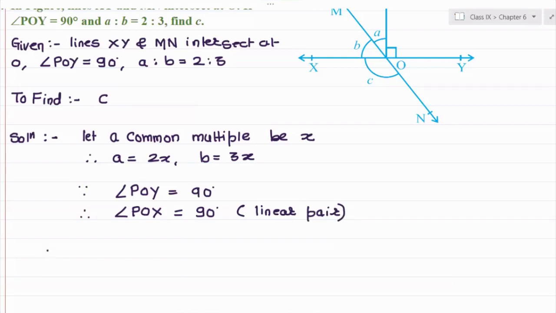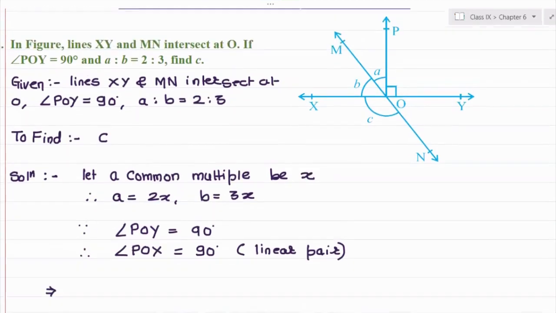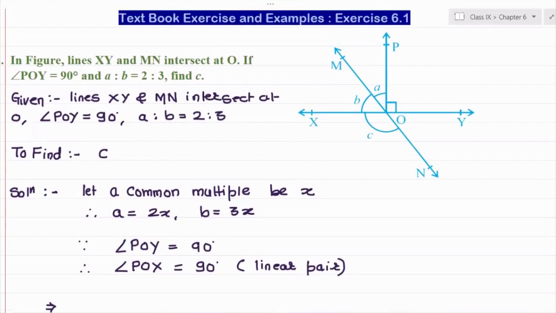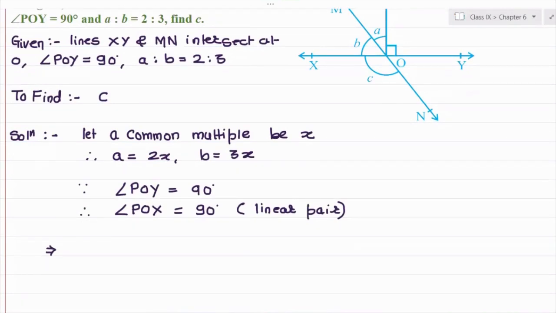Now, angle POX is made up of angles A and B. You observe, if I compile A and B, it will form angle POX. So here we shall write, in place of angle POX, A and B. So A plus B is equal to 90 degrees.